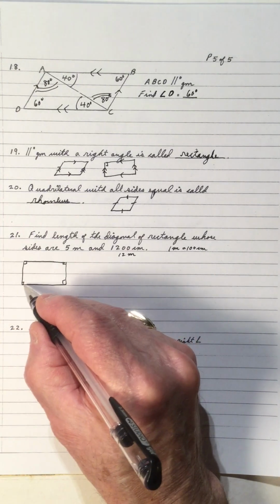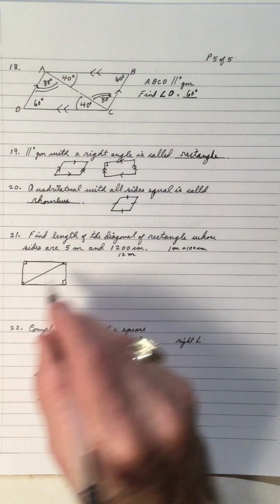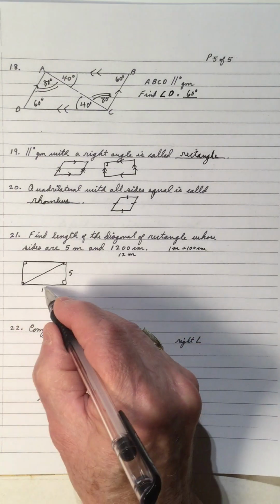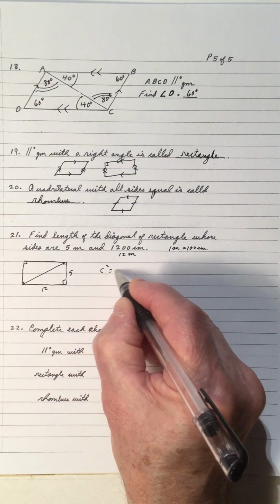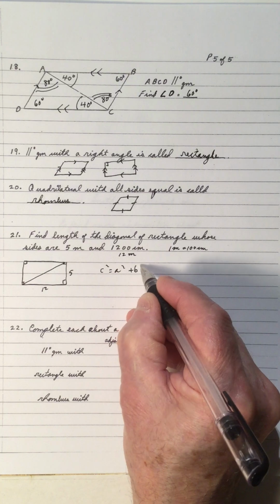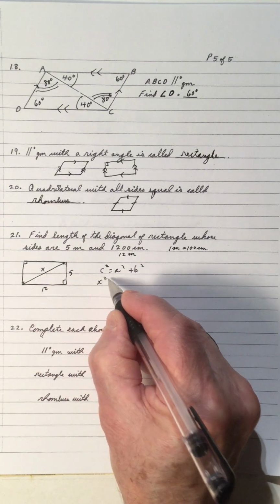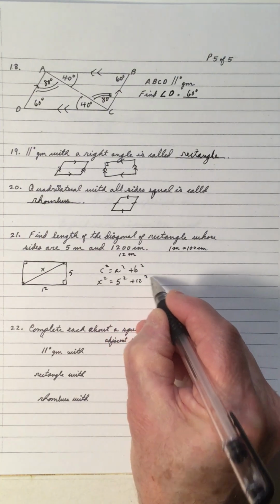If you draw a diagonal, and it has sides of 5 and 12, because it's a right angle, we'll use Pythagorean. c squared is equal to a squared plus b squared. We call this x, so x squared, x is the hypotenuse. 5 and 12 are the two legs.